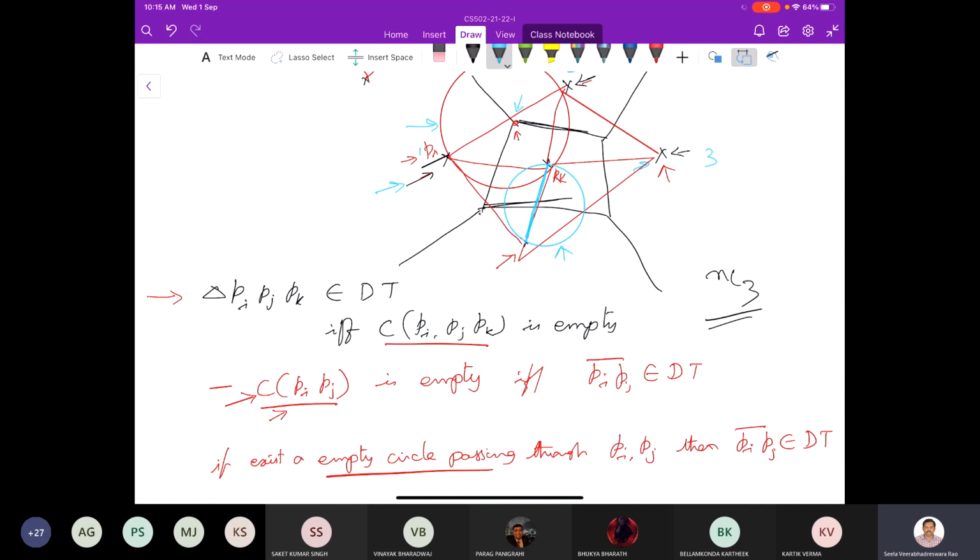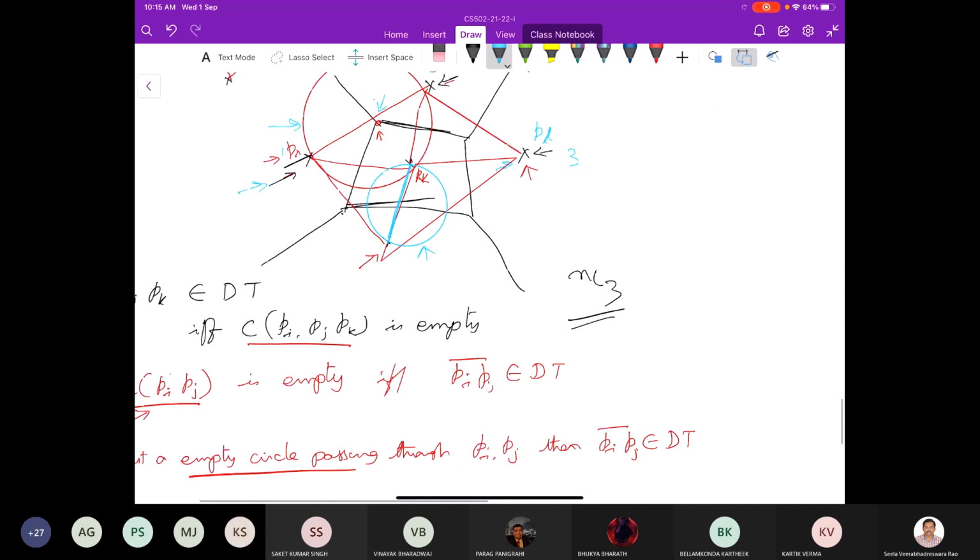Suppose it is not true. For example, if you take any other edge, let's call this PL. Now let's take the edge from PI and PL. From the diagram, we can say that this edge does not belong to Delaunay triangulation.